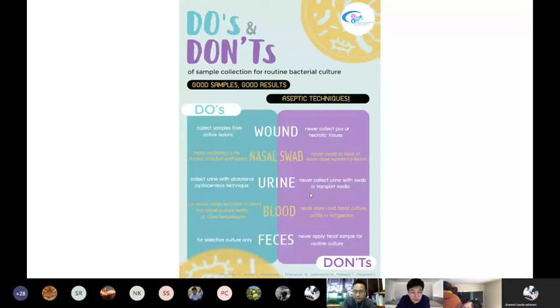Hello, I got two comments. Your infographics are quite clear, and I think they easily deliver all the message to the people. Anyway, I would suggest you use the same meaning of the words between do and don't. For example, the feces part, for the don't part, do not recommend for routine cultures. That would make sense. But in the do part, maybe all veterinarians or people cannot understand about the selective cultures only.